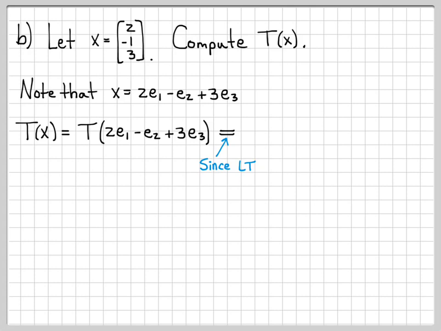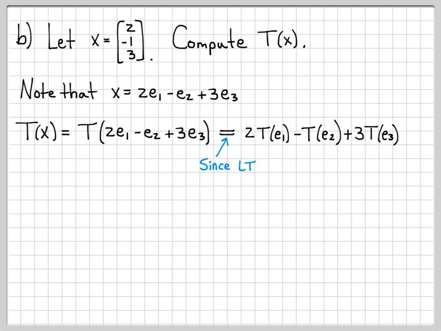The transformation of a sum is equal to the sum of the transformations, and any scale factors can be pulled outside the linear transformation. So this turns into 2 times the transform of e1 plus negative 1 times the transform of e2 plus 3 times the transformation of e3. This is really just the definition of what it means to be linear.